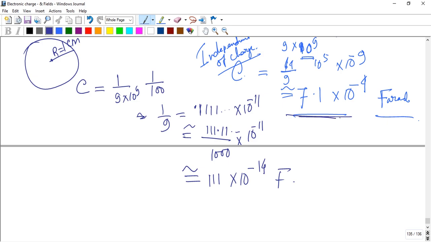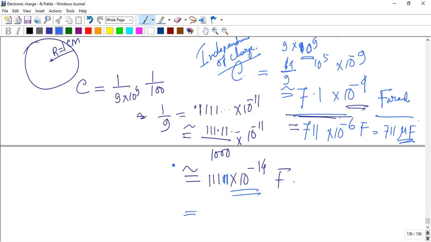So if Earth has 10 to the minus 4, suppose Earth is 711 into 10 to the power minus 6 farad. So we get 711 microfarad, a very small value.